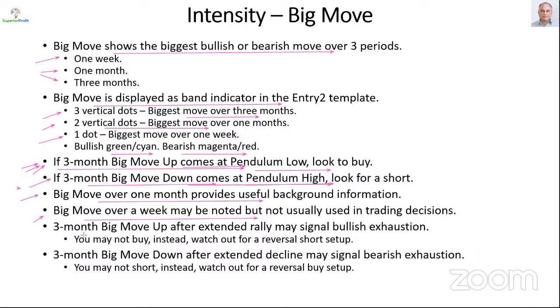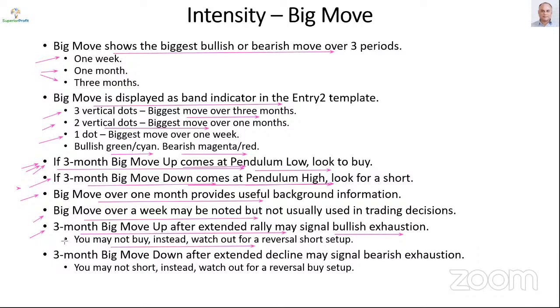A 3-month big move up after an extended rally may signal bullish exhaustion. You may not buy. Certainly, it will be too late to buy. Instead, watch out for a reversal short setup. High growth stocks go up like a rocket, fall like a rock. Sometimes it will probably be at pendulum high, probably at jump and thrust high.